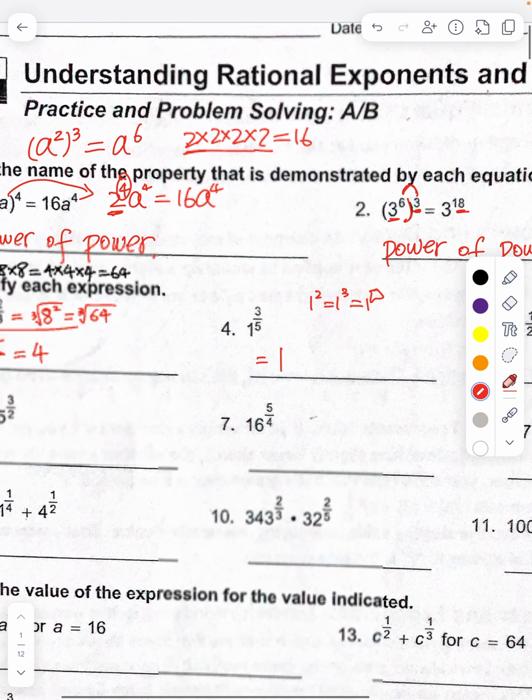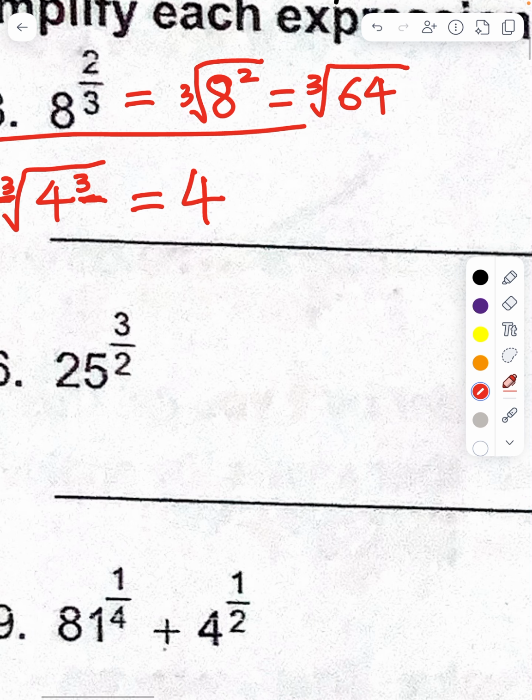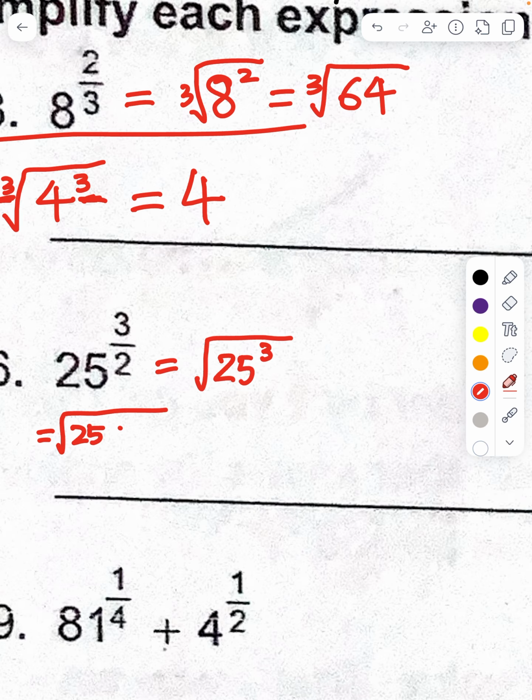Number 6. 25 raised to the third power, and then square root. So this is the square root of 25 raised to the third power. I can change 25 to 25 times 25 times 25, right?